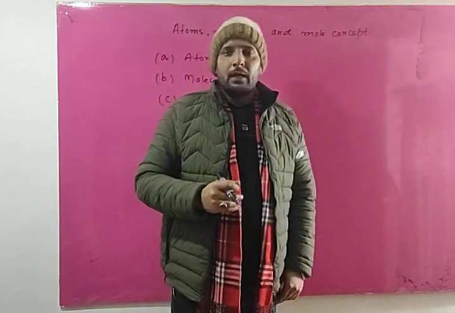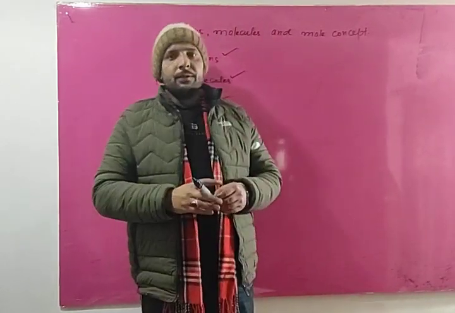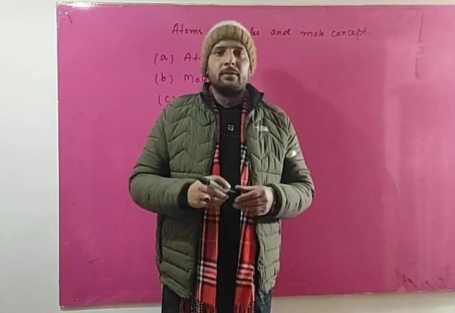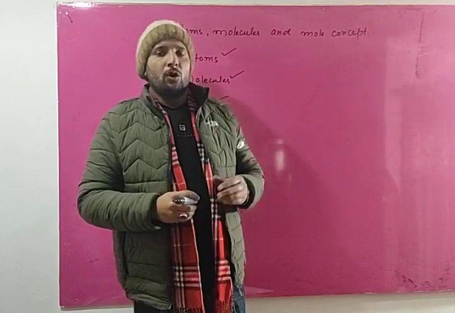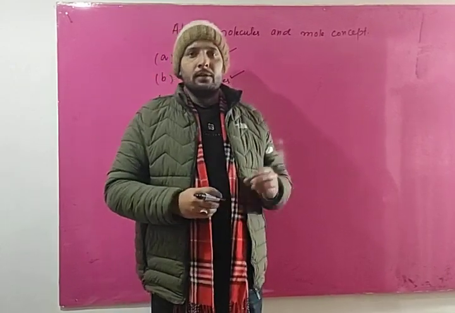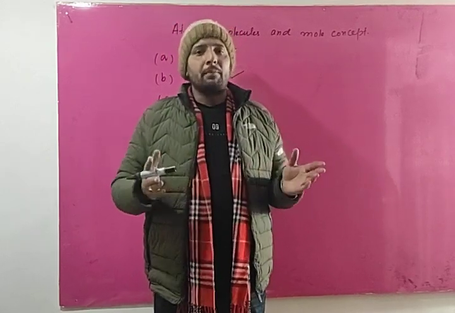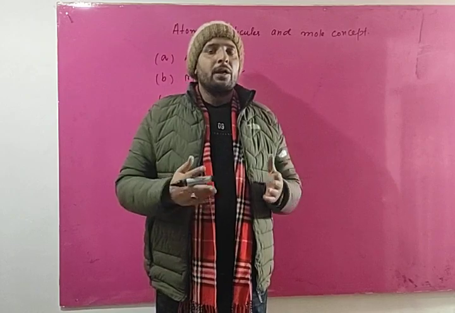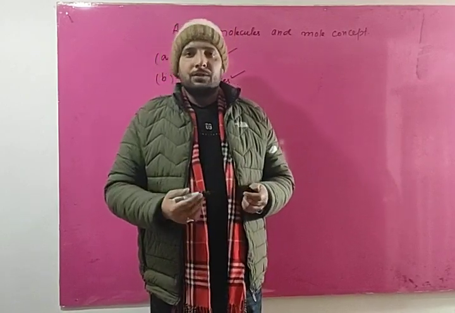I hope up to this, whatever we have discussed is understood very well. And now the next part of this lecture series will be dealing with mole concept. So what is atom? What is atomic mass? What are the different terms involved? We will be dealing with them in the successive lectures. Thank you.